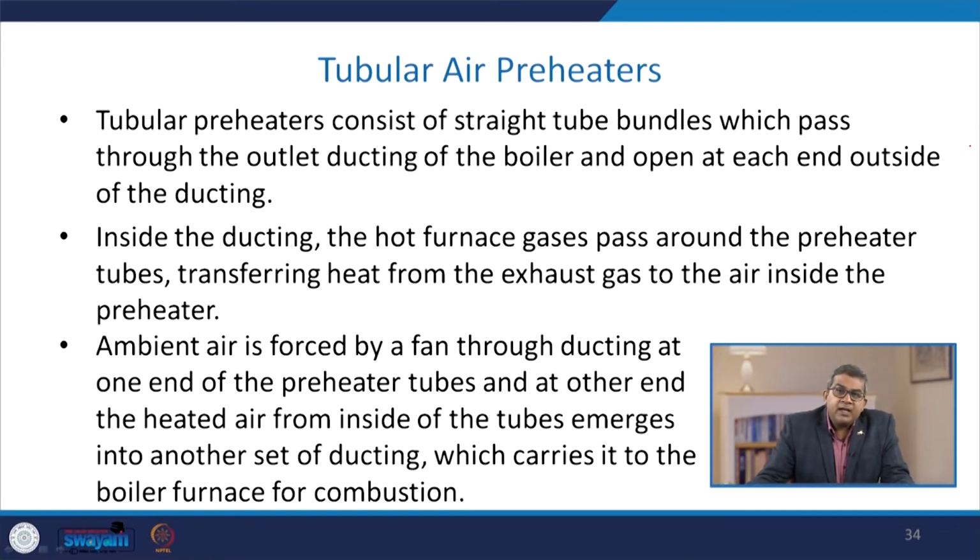Ambient air is forced by a fan through ducting at one end of the preheater tubes, and at the other end the heated air emerges from inside of the tube into another set of ducting which carries it to the boiler furnace for combustion purpose.